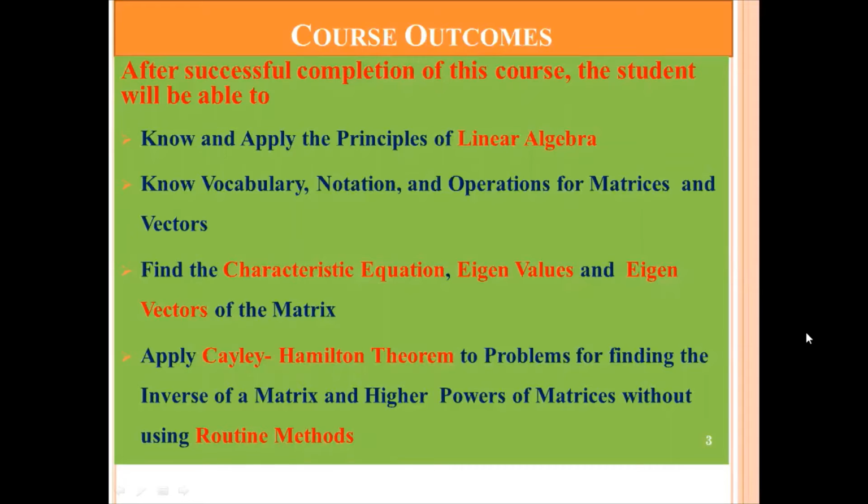The routine method for finding A inverse is A inverse equals adjoint A by det A, if det A is not equal to 0. Without using that method, if we apply the Cayley-Hamilton theorem, we can directly do the problem for finding the A inverse.